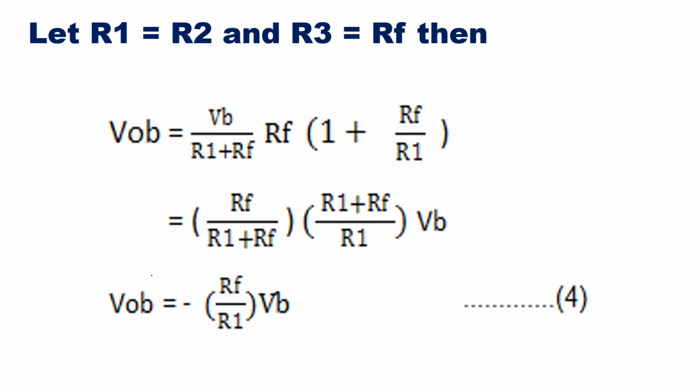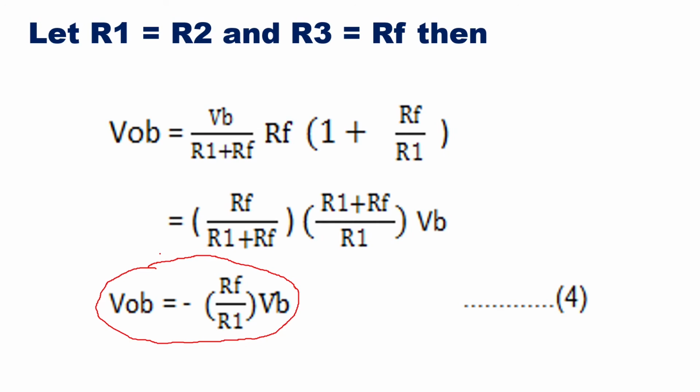That will be nothing but, you will get VOB also like an inverting amplifier gain configuration, minus RF upon R1 into VB. So this will be equation number 4. This stage will come for the non-inverting amplifier also. So the non-inverting amplifier output now looks like an inverted gain output, that is minus RF upon R1 into VB.